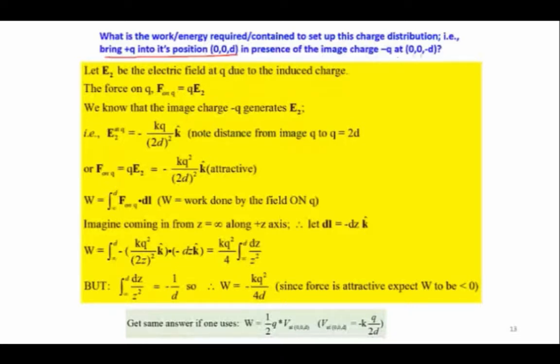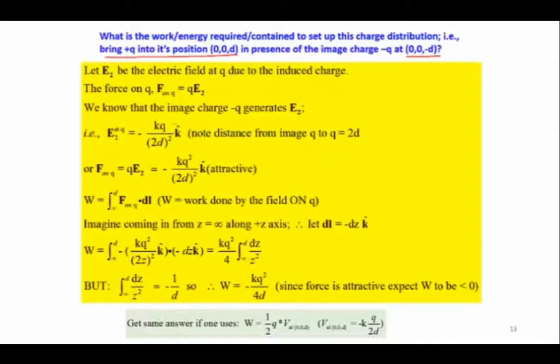So minus q is at this position here. In reality, what we're doing is bringing in the plus q charge from infinity to a position d above the grounded metal plane. That's really the question we're answering, but we'll use the image charge to do that.